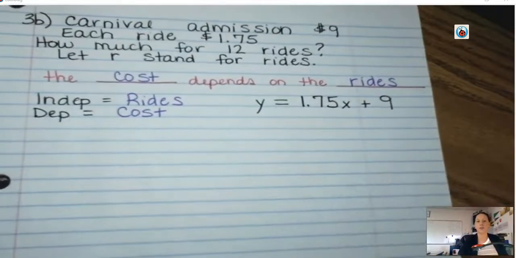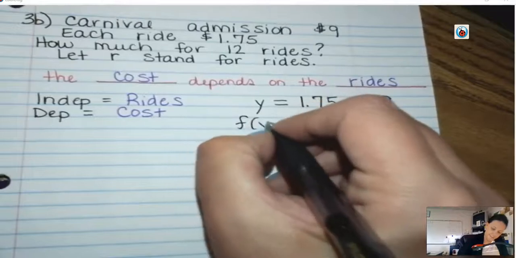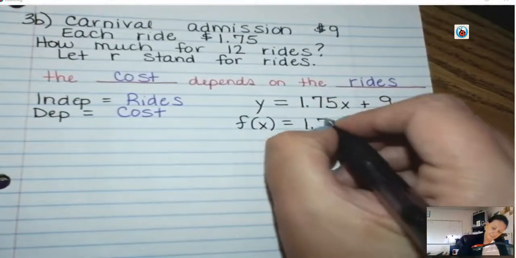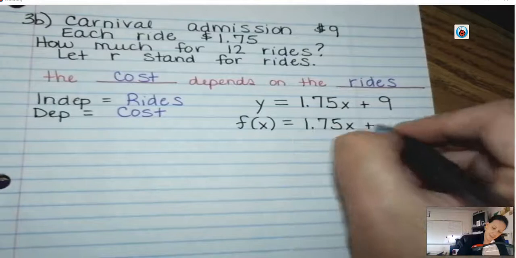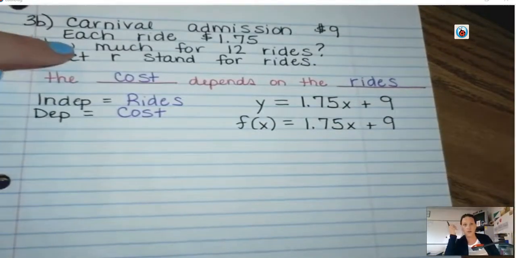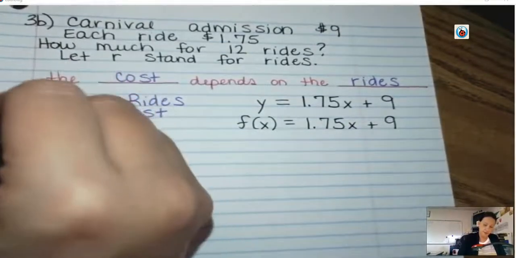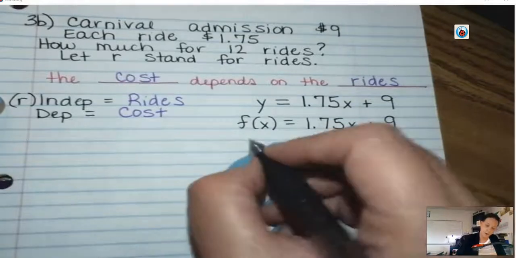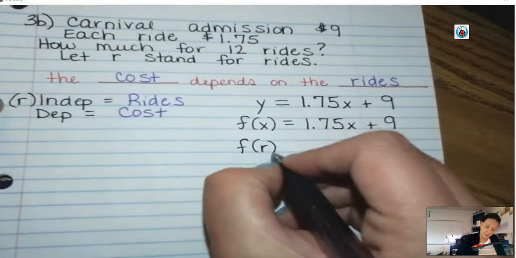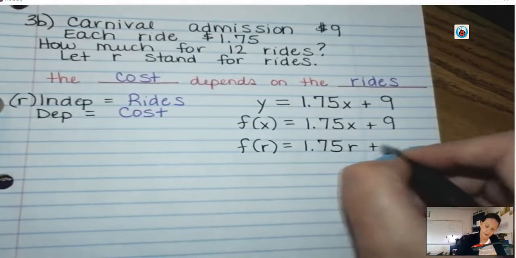So there's our equation. I need to put it into function notation, so change y to f of x. And then lastly, see if they need you to use a different variable. They want us to use r for rides, which was your independent. So instead of putting x, we're going to put an r. So f of r equals $1.75 r plus 9.